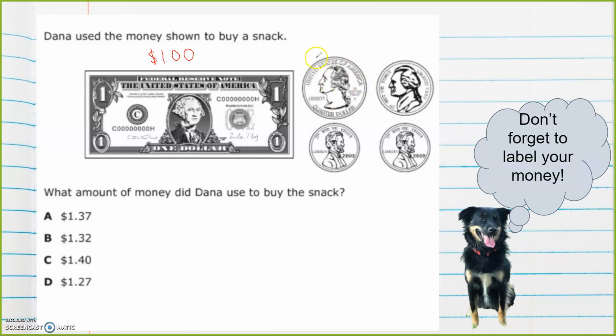this is 25 cents. So I have 5, 10, 15, 20, 25. This is worth 5 cents. 5. And a penny is just 1 and 1. A penny cannot be divisible by 5, so we don't draw any lines. Okay?